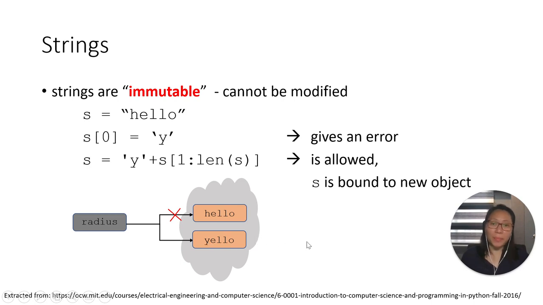So that's what happens, and we cannot actually change each character in the string object. That's the meaning of immutable. We have to create another string object and bind it to a variable. Please correct this. This should be s.